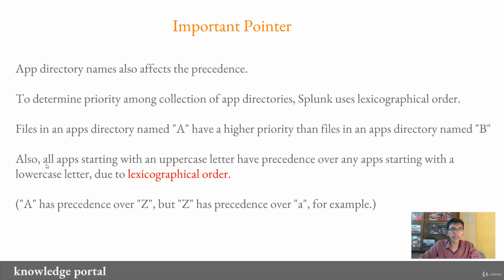Also, one important part to remember is that all apps starting with uppercase letters will have precedence over any apps starting with lowercase letters, again due to the lexicographical order. So A has precedence over Z, but a lowercase a does not have precedence over an uppercase Z, because Z is an uppercase letter and a is a lowercase letter. This is one important part that you need to remember.